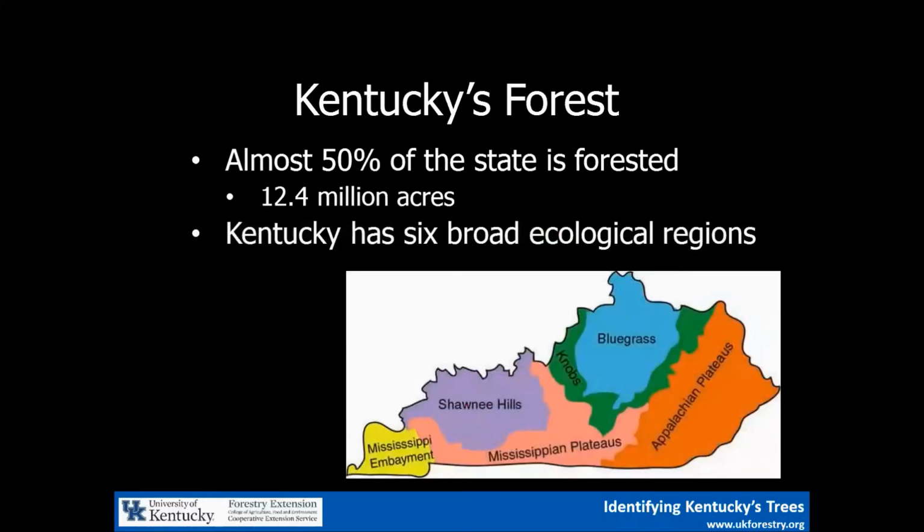Kentucky has 6 broad ecological regions, which lead to why we have such a great diversity of trees. We have the Appalachian Plateau and our Knobs region, which is very unique. It surrounds the bluegrass area.